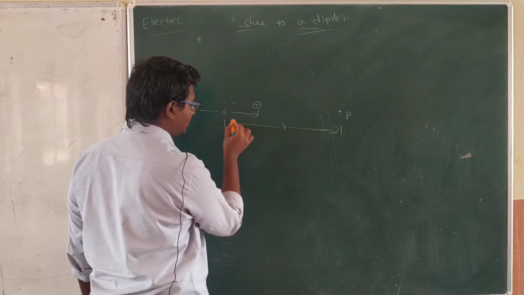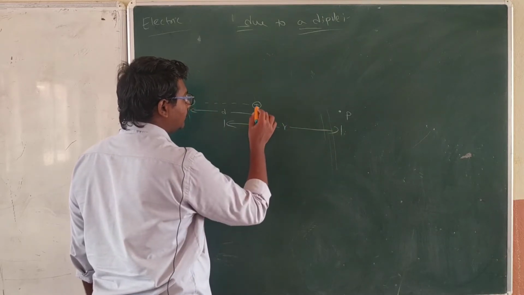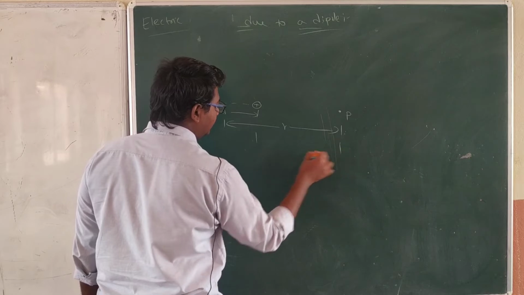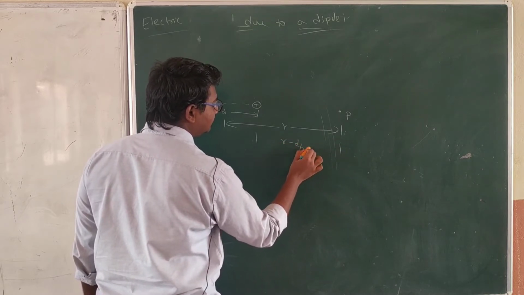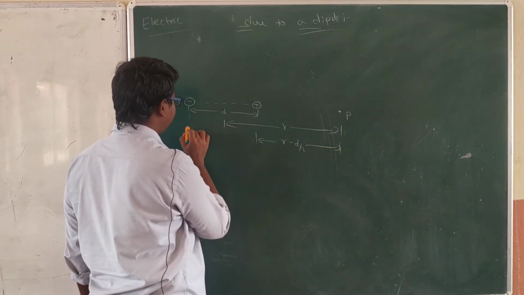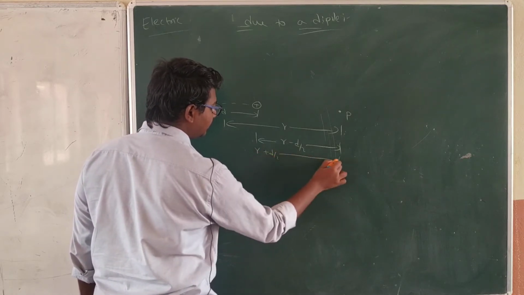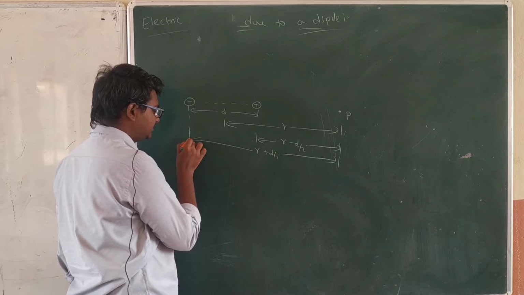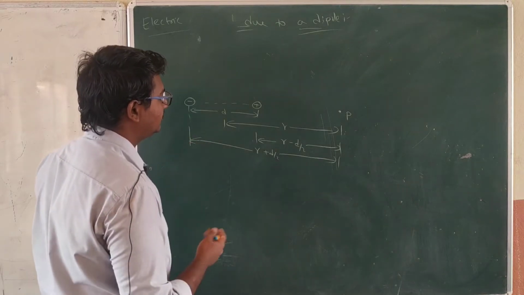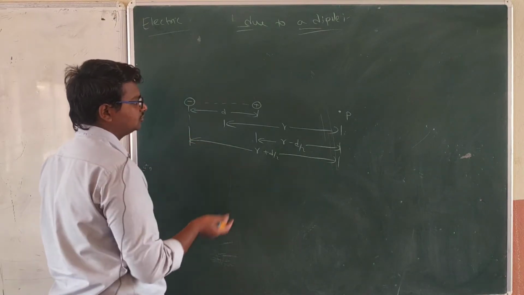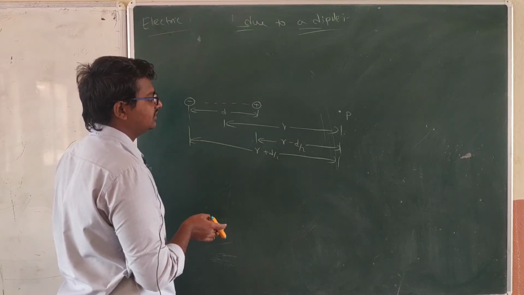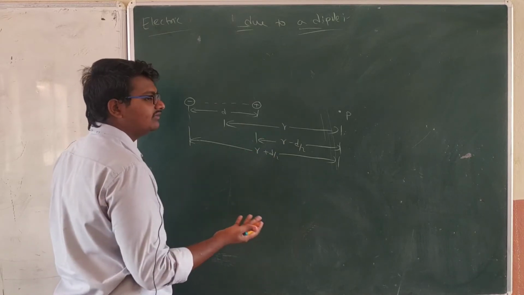From this charge it will be r minus d by 2, and from here it will be r plus d by 2, the distance. As we know these values clearly, we can directly substitute in the equations that we got, or else substitute the theta value.